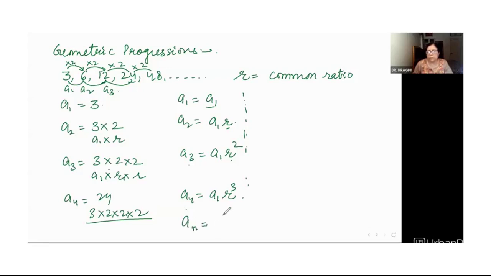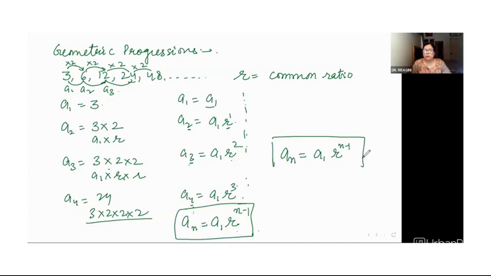When the term number is 2, the power of R is 1. When it is 3, the power of R is 2. When it is 4, the power of R is 3. So we can say An will become A1 R raised to the power n minus 1. This is the formula for the nth term of a geometric progression.